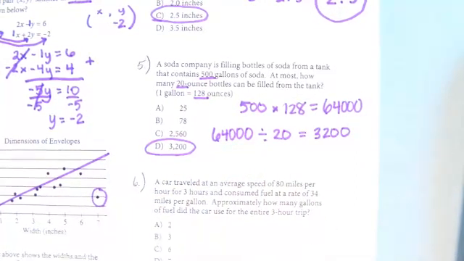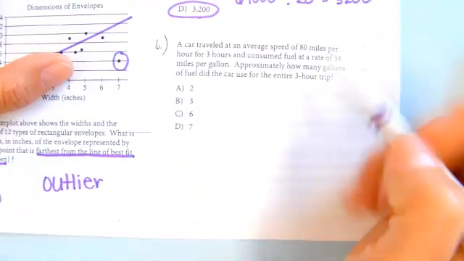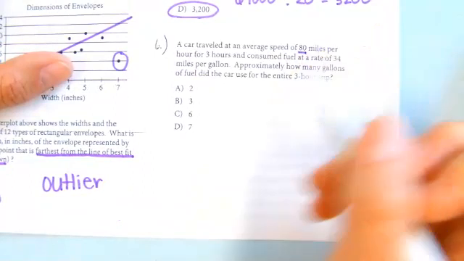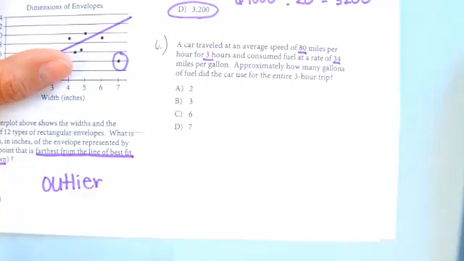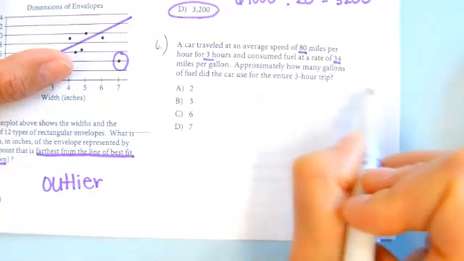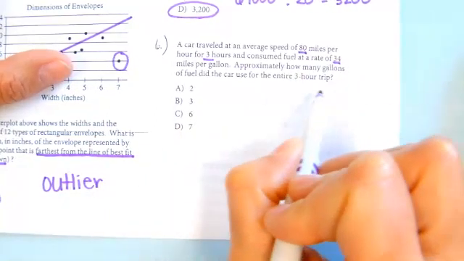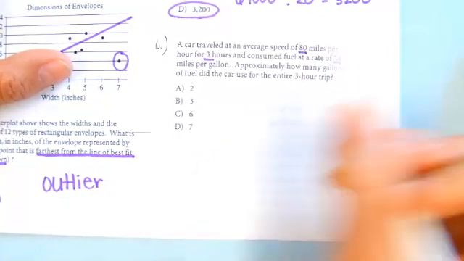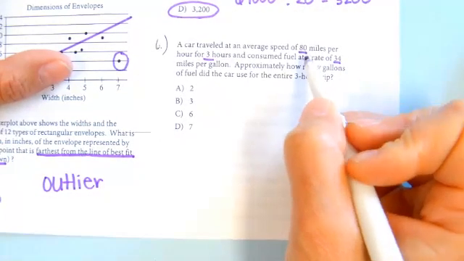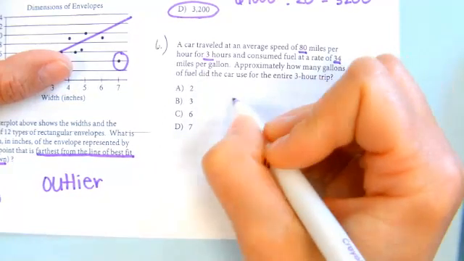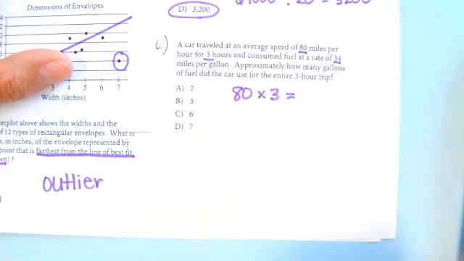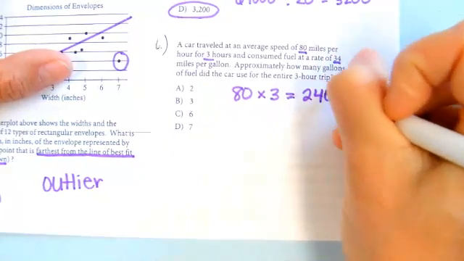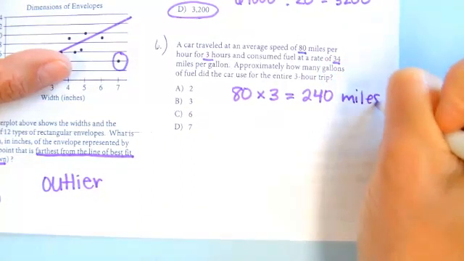All right, let's look at another one very similar to that. A car traveled at an average speed of 80 miles per hour for 3 hours and consumed fuel at a rate of 34 miles per gallon. Approximately how many gallons of fuel did the car use for the entire 3-hour trip? Okay, this is very similar. First, if you go 80 miles per hour for 3 hours, 80 times 3 is going to give you 240 miles is how far you travel total.